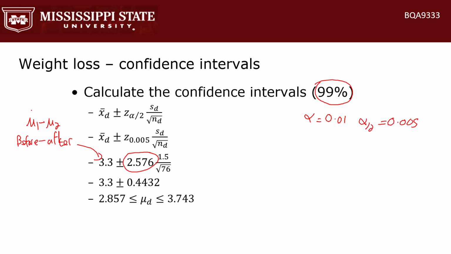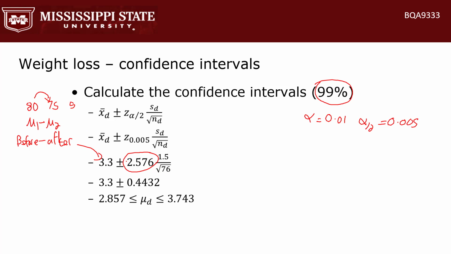If we lose weight, so mu1 is higher than mu2, this would be a positive. So this would be the actual weight lost. So say we had a single person who was 80, and then they lost 5 kilograms and they were 75, then the difference, not the distance, would be 5.